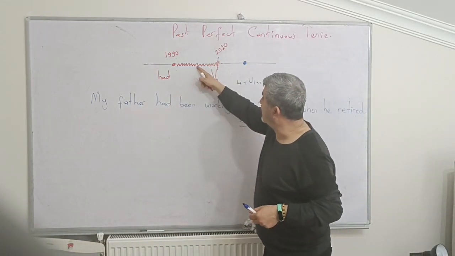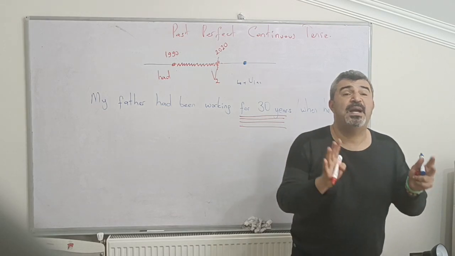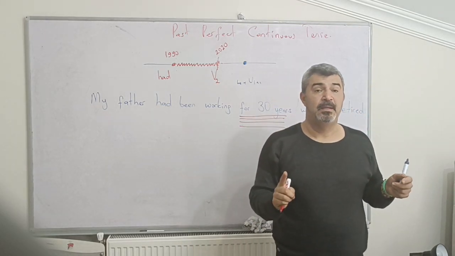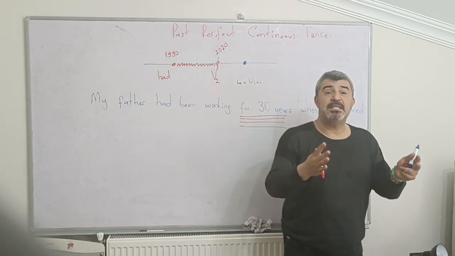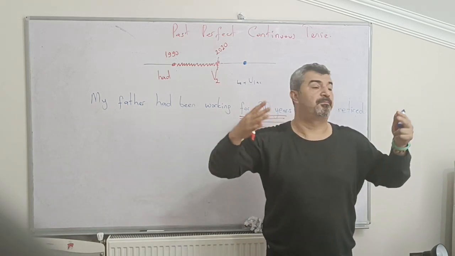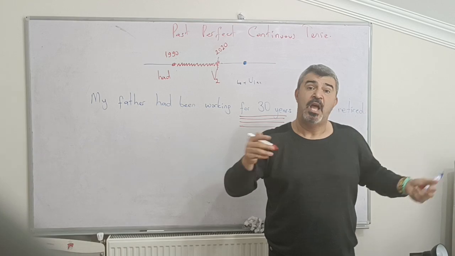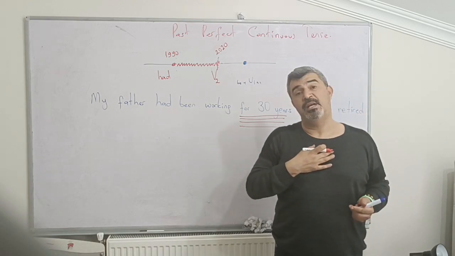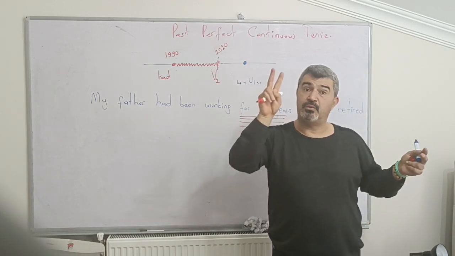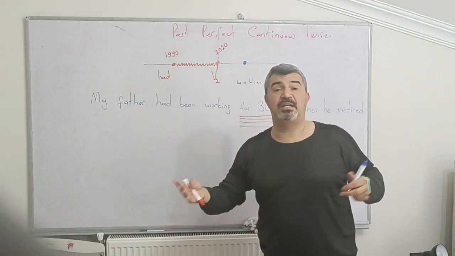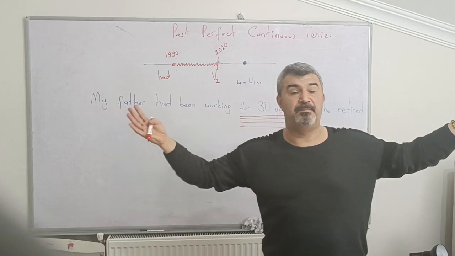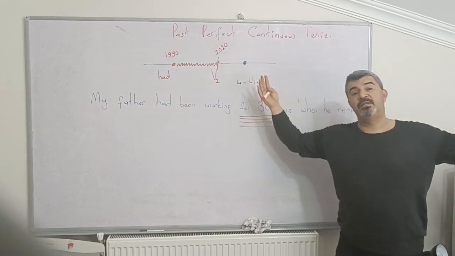So this is continuing. In perfect continuous tenses, the important thing is the period. In present perfect continuous, for example, I have been studying for 20 years. So, still studying. I will have been studying. In future perfect continuous, it is the same. The period is important.